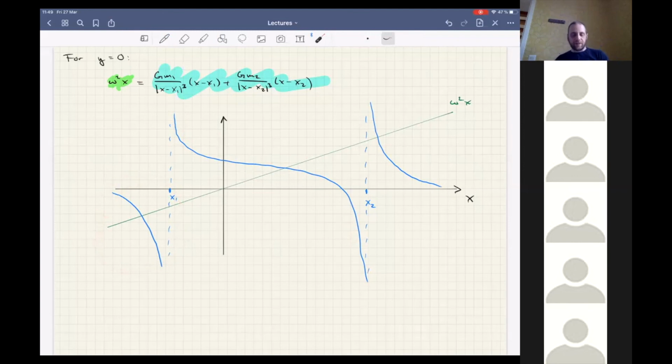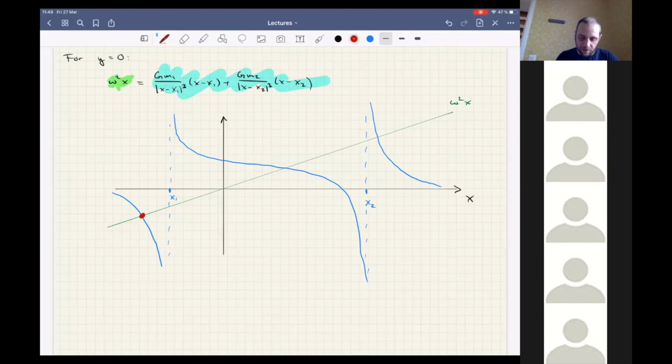And as you can see, this means that we're going to have 3 solutions to this equation. We have one solution here, because I have one function that is strictly decreasing from 0 to minus infinity, and one function that is increasing instead. So that gives us one solution there.